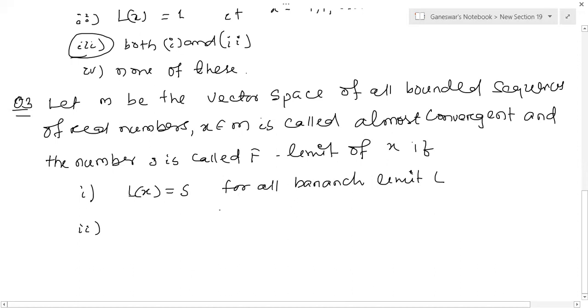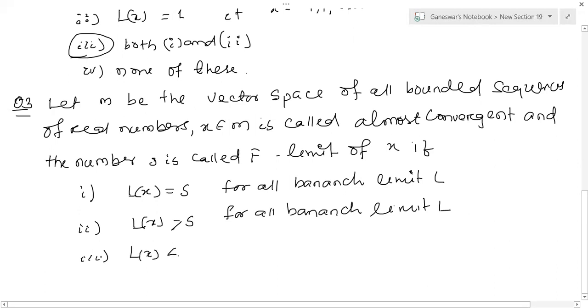Second option: Lx greater than S for all Banach limits L. Then the third option: Lx less than S for all Banach limits L. And the fourth option: none of these.